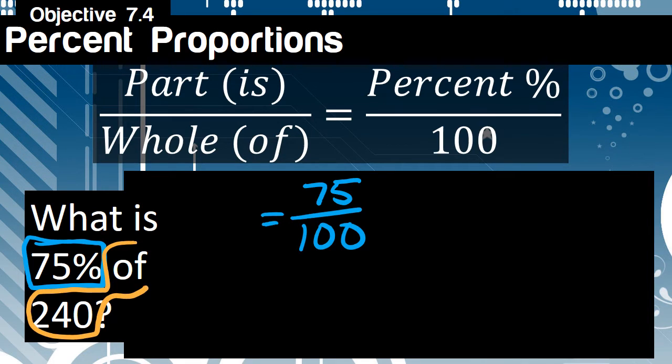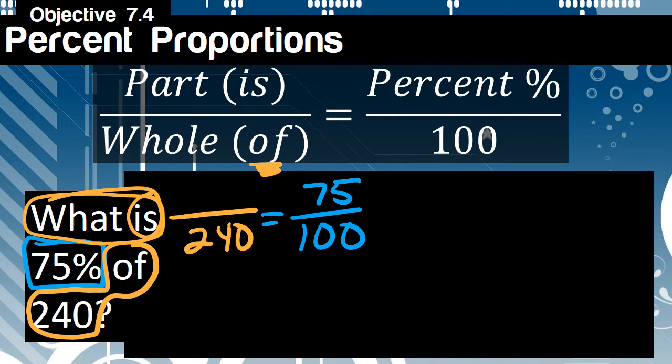You can see I'm highlighting key parts: of 240. Of is our denominator, 240, and then we are trying to figure out what this part is right here. That's going to be our x. So right now we set up our proportion.